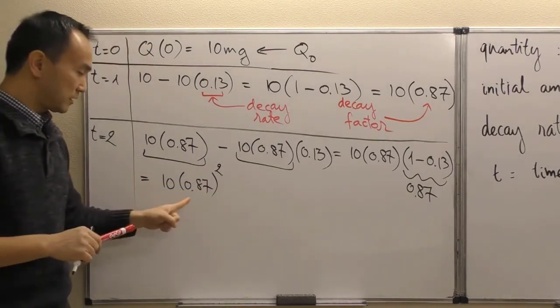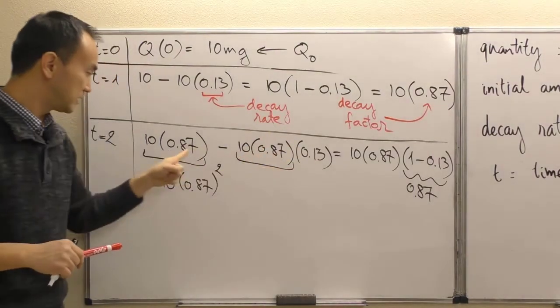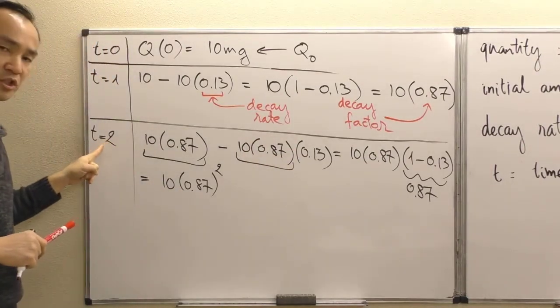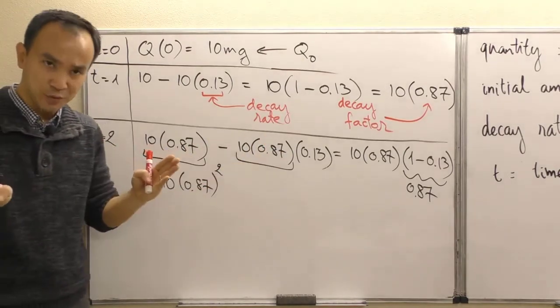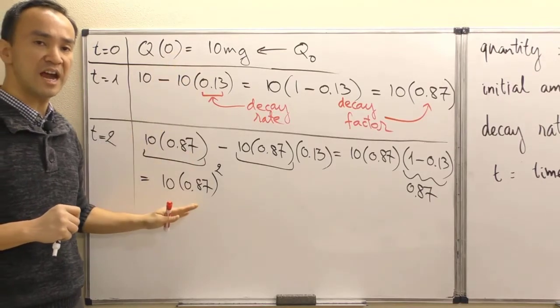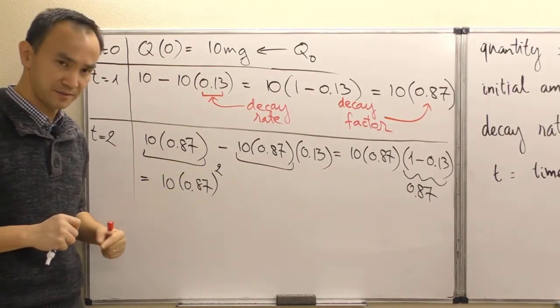So there you go. This is that decay factor again, and this is that same decay rate. So when t equals 2, at exactly 2 days after the initial time, we have 10 times 0.87 squared that remains.